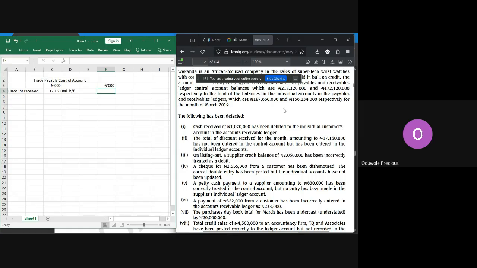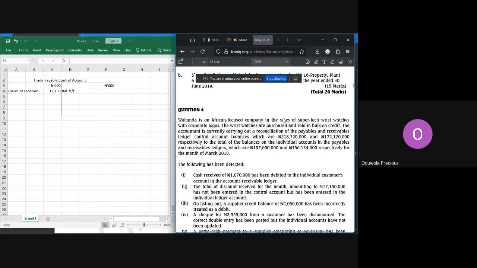Let's see what they gave us in this question. They said carrying out a consideration on the payables and receivables. So payable is 218, 320, respectively. Payable is 172. So that's 218, 320.